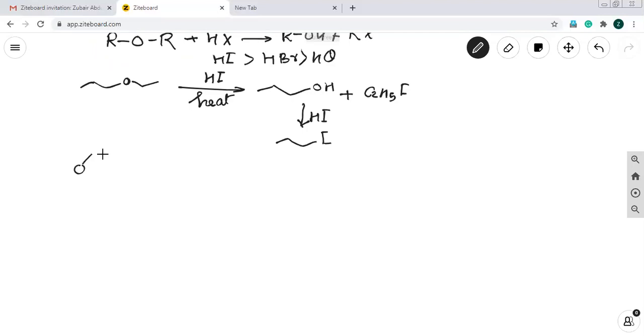Structures are interesting structures. See here. This is a crown ether. Interesting naming they have. Now look at the total number of atoms inside.